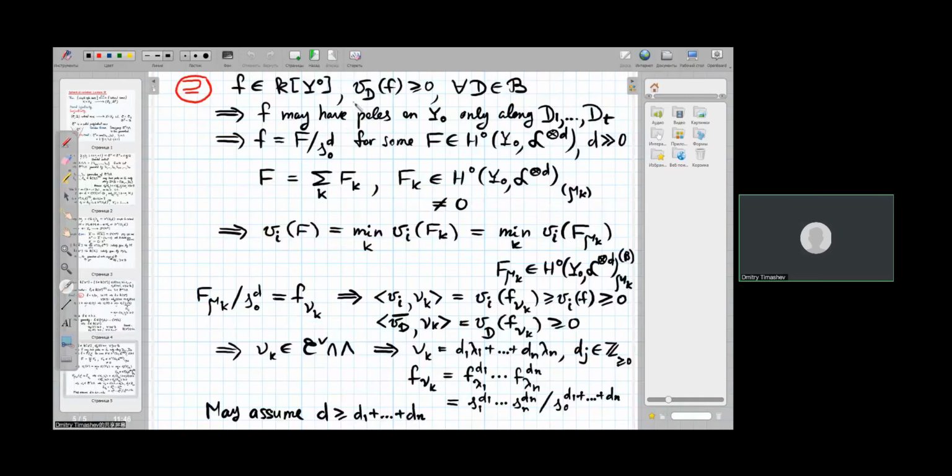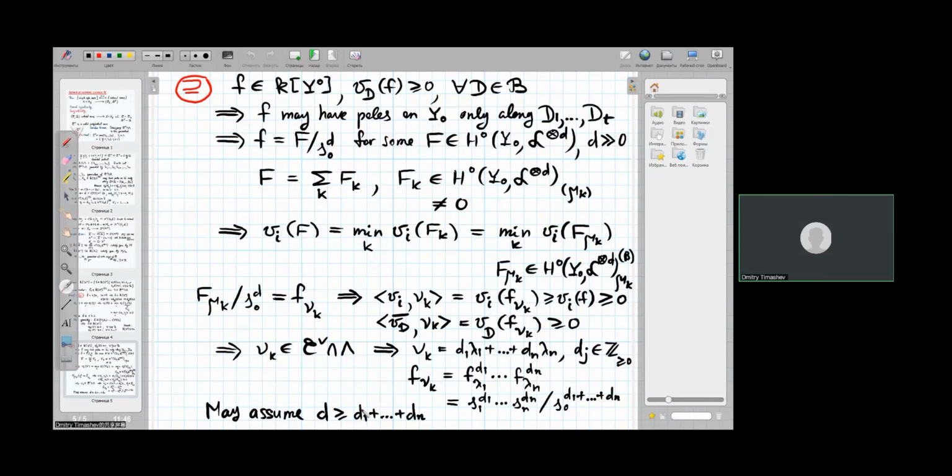Then we represented this function in this form, and we computed. Well, maybe so far we do not yet need this finiteness.